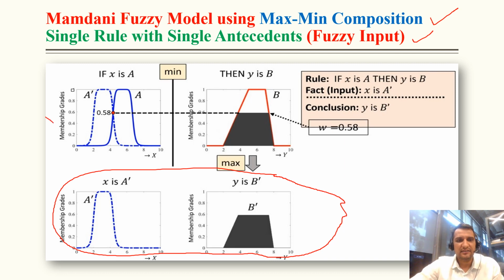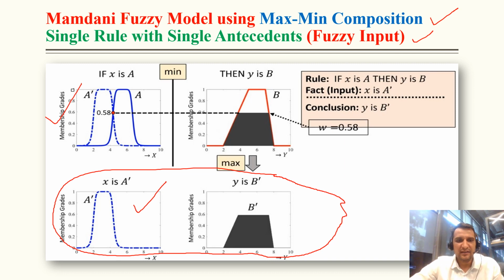In this we have two fuzzy inputs: A with a solid line and A dash, which we want to calculate, right? In the same way, if x is A, this is the input, fuzzy input, and in that case output will be B. Now I am going to superimpose the input for which I want to calculate the output, at this particular point.